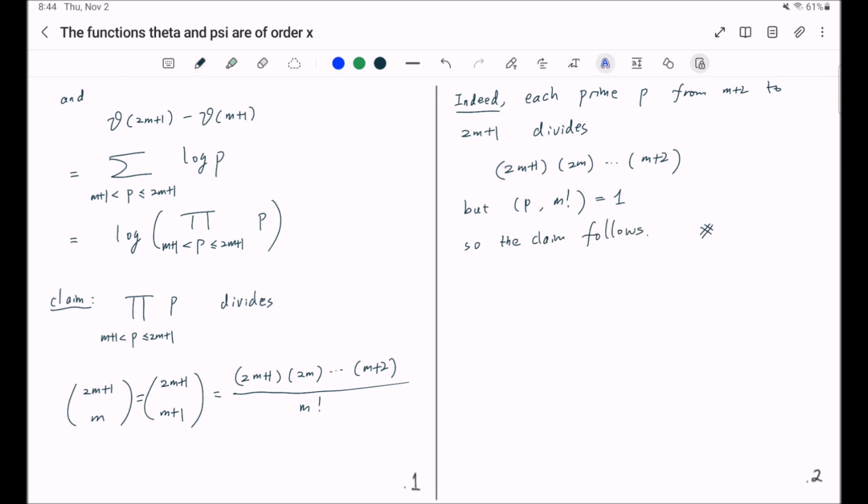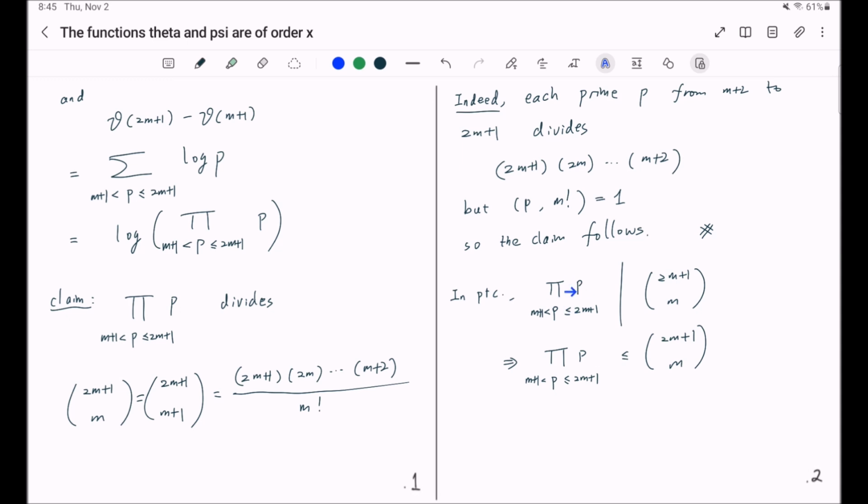And in particular, it follows from this claim that if this product divides this binomial coefficient, then we have it must be less than or equal to it. So this is a classical trick of number theory.